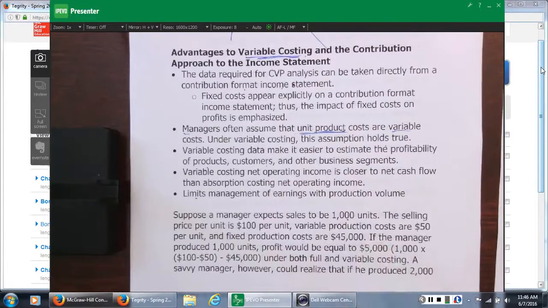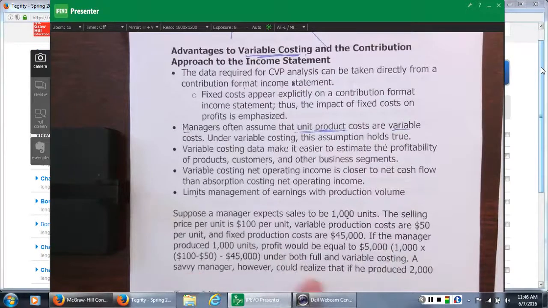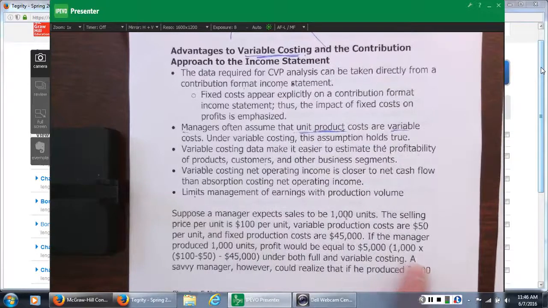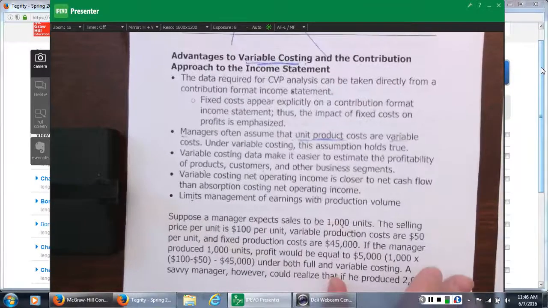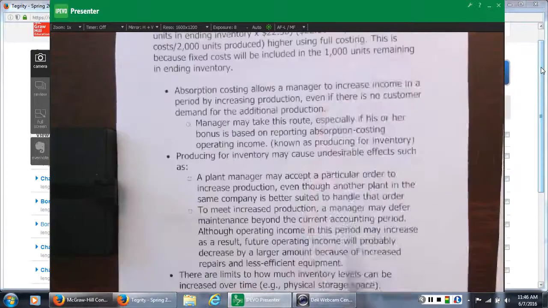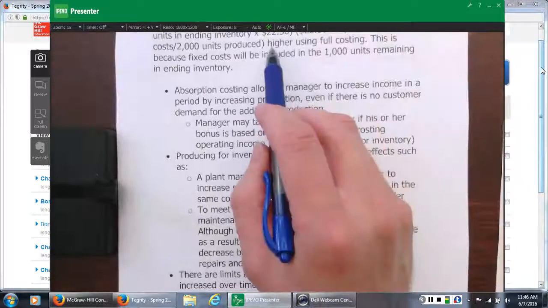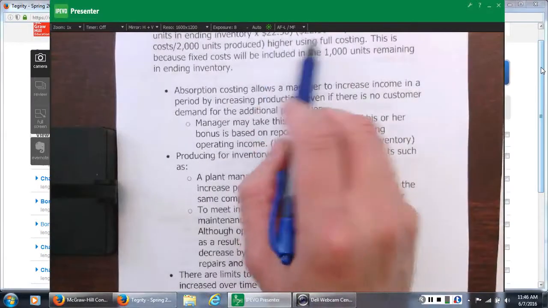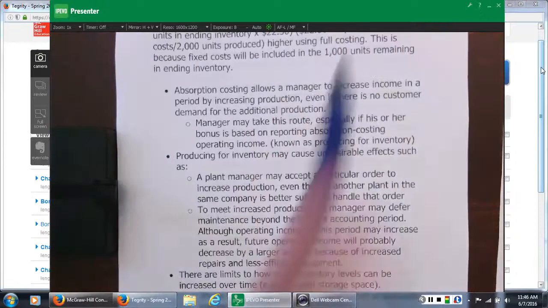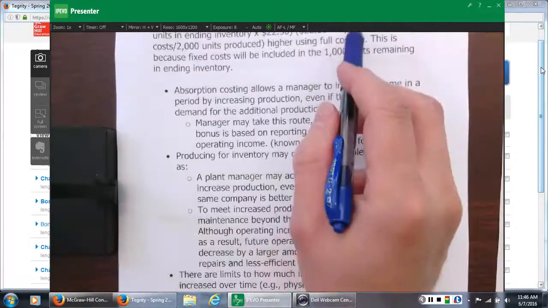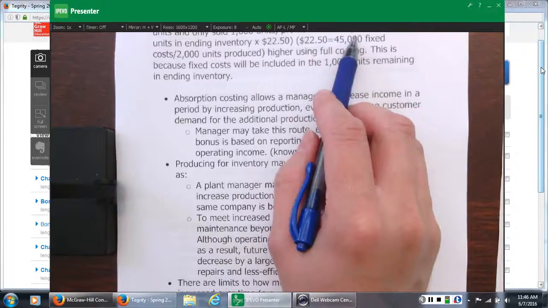Both are 5,000. However, a savvy manager could realize that if he overproduces, he produces 2,000 units, but only sells 1,000 units, that he or she will make more profit under full costing than under variable costing.